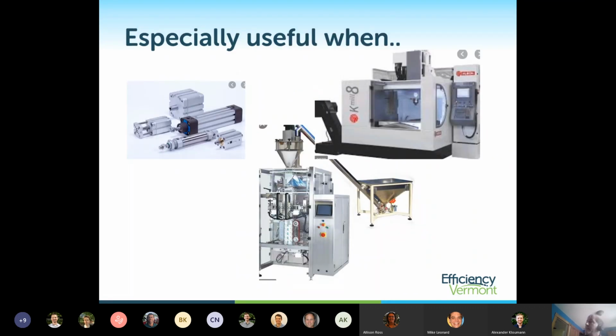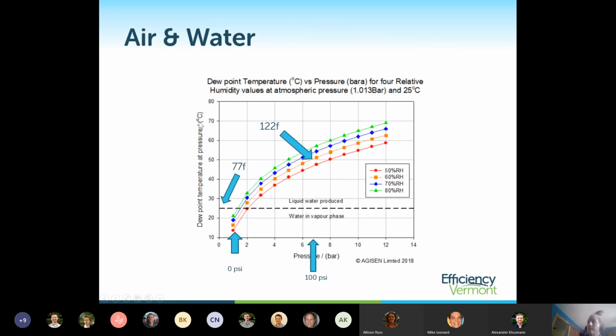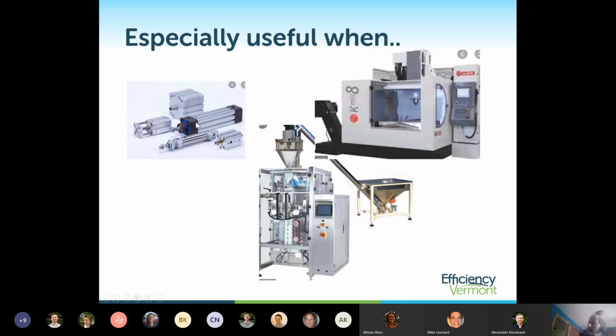They're especially useful when you have air actuators that need a lot of air for a short period of time, packaging systems that also have air actuators or blow open bags very quickly, and CNC machines that often have various needs for compressed air in short cycles, so they might have a quick, fast burst of air to clean the chip tool that's on the CNC machine.